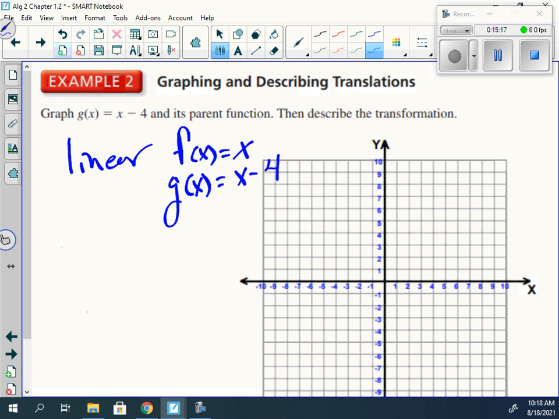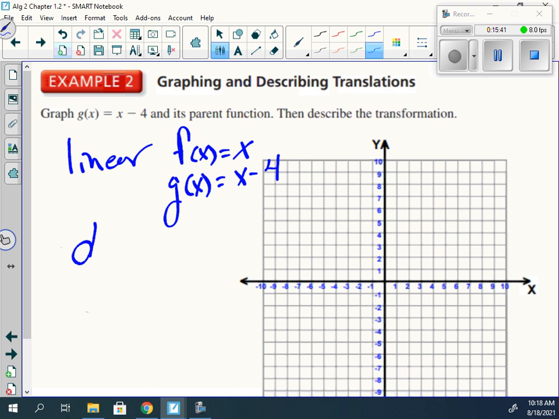No. So when we look at the functions I just gave you, that minus 4 is taking the place of h or k? K, yes? K does what? Up and down. So it's moving 4 either up or down, which one do we think it is? Because it is negative. So what happened to the graph?